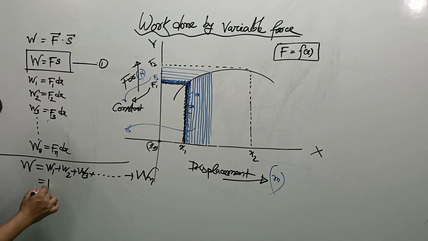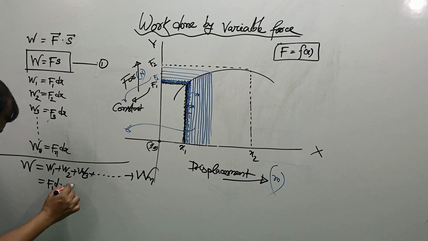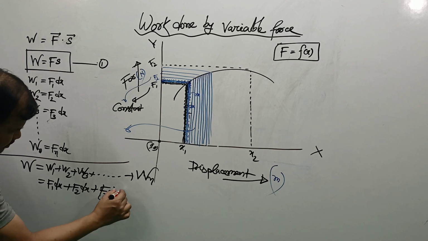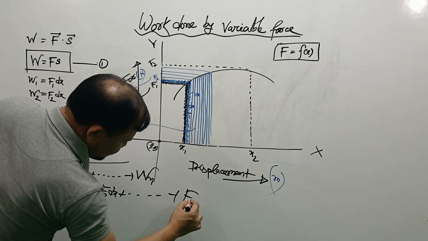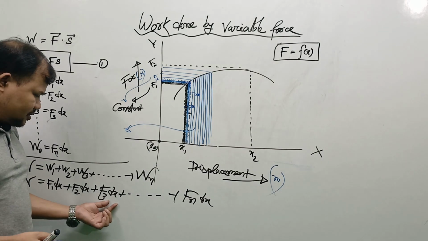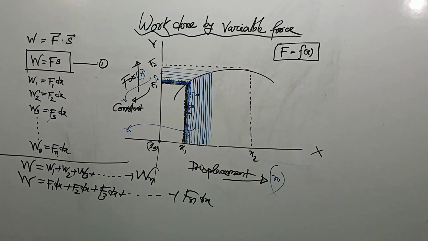After putting in the values, W is equal to F1 dx plus F2 dx plus F3 dx plus up to Fn dx. This is the equation to find the work done. My dear students, now our duty is to represent this equation by a special notation.